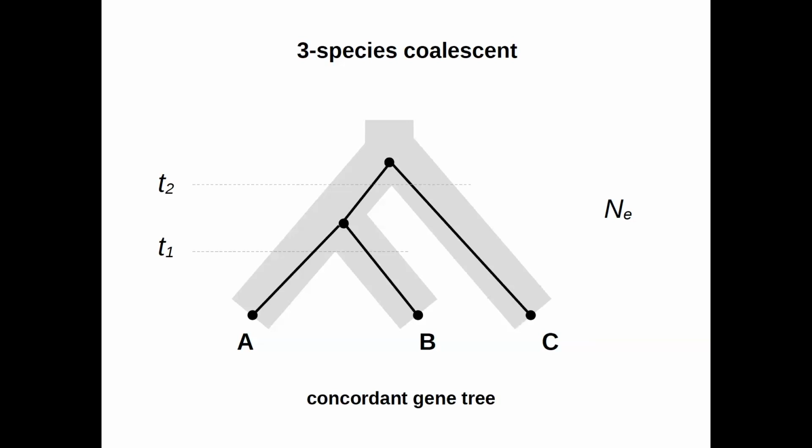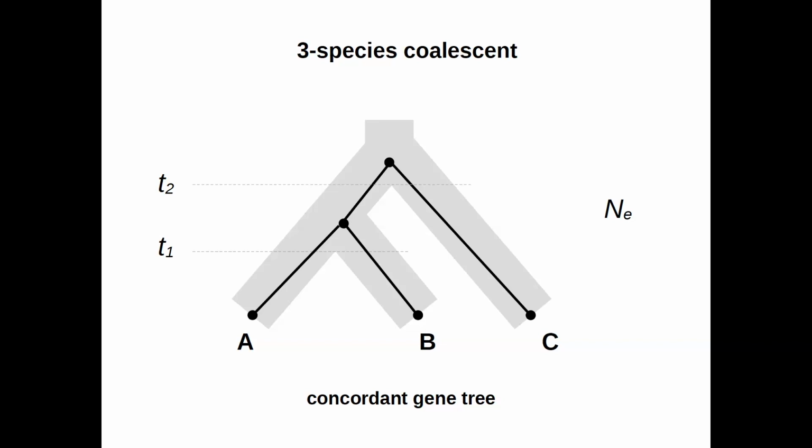This is the normal situation, the one we expect to see most often, where the gene trees share the same topology as the species tree, AB versus C. We can note that the genealogical ancestors, the black dots, are older than the speciation times. That's normal. That reflects the existence of polymorphism in the ancestral populations.